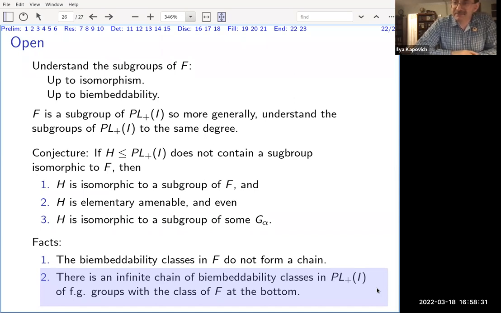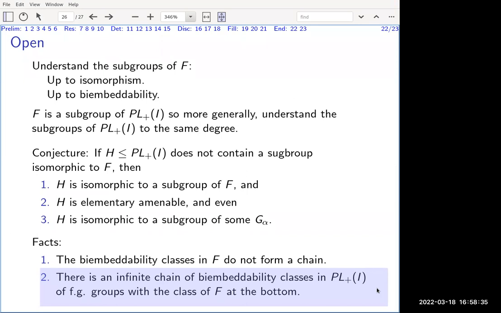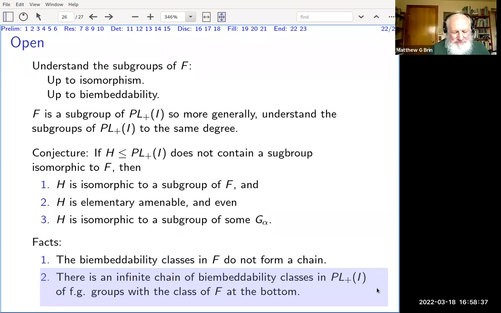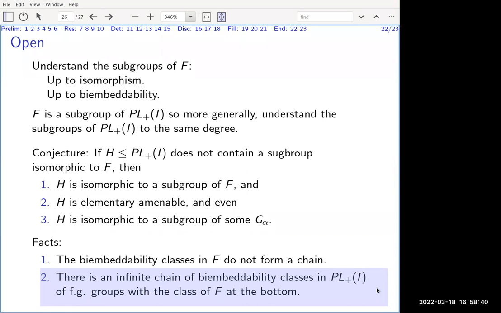Any other questions? I have a question. Can you hear me? Yes, I can now. Thank you. F is such a singular group, and yet your arguments seem, to my sort of uninformed self, to be very general in a way. Do you think that they apply in other situations?